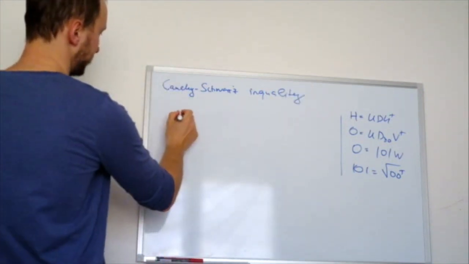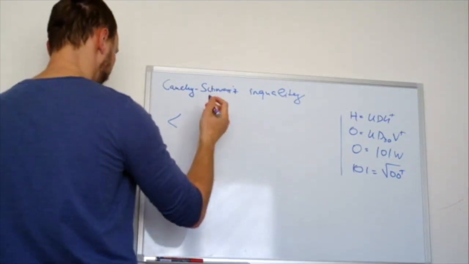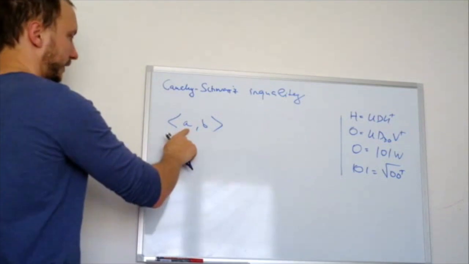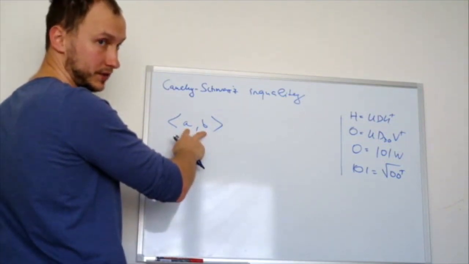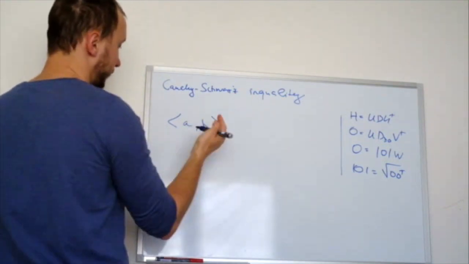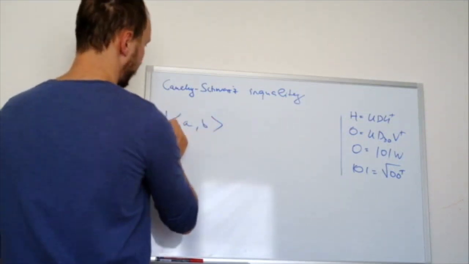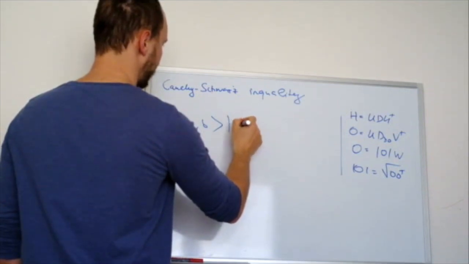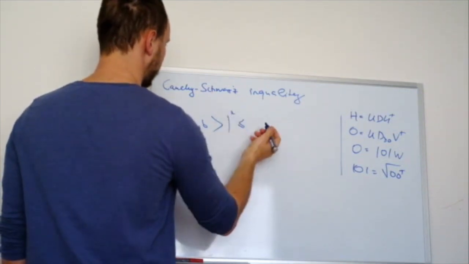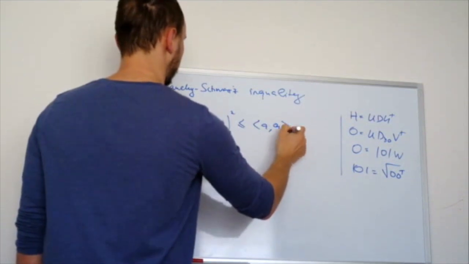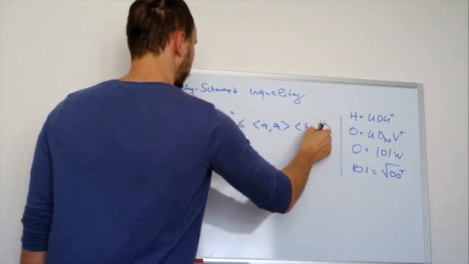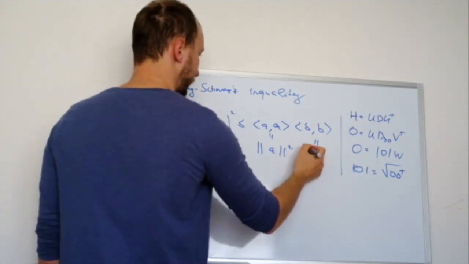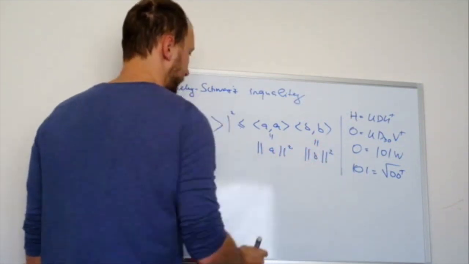Okay, so this is a property. If we get two elements, say A and B, elements of some vector space, like a Hilbert space, then the scalar product or inner product is smaller or equal than this one, which is the norm of A squared, by definition of the norm, times the norm of B squared.